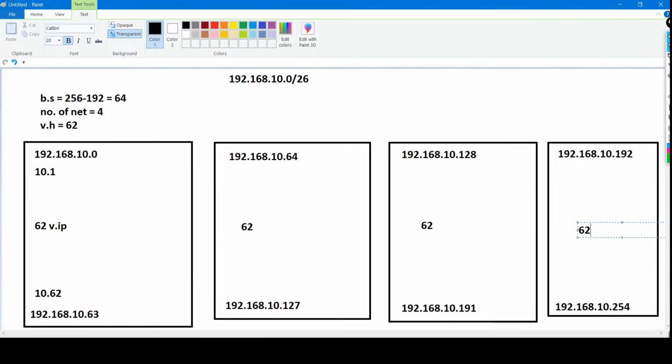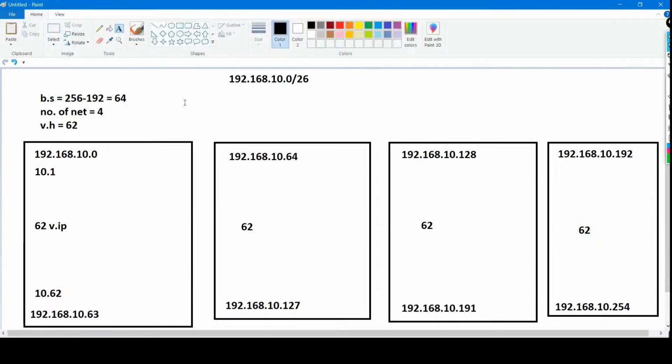So you can see, guys, when we are dividing the network and increasing the number of networks, the number of valid hosts is decreasing. When I divided this network into two parts, valid hosts per network was 126. Now, when I divide it into four parts, valid hosts per network is 62.